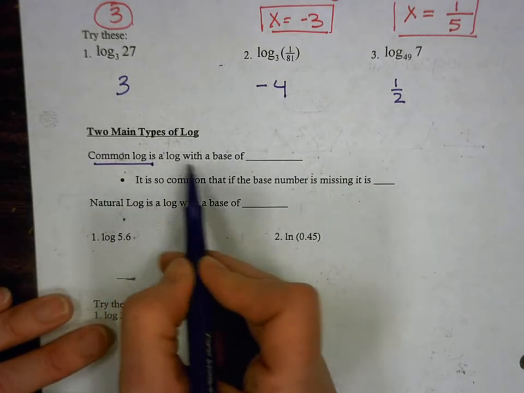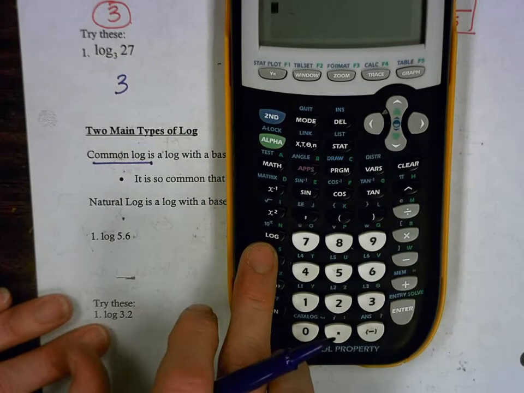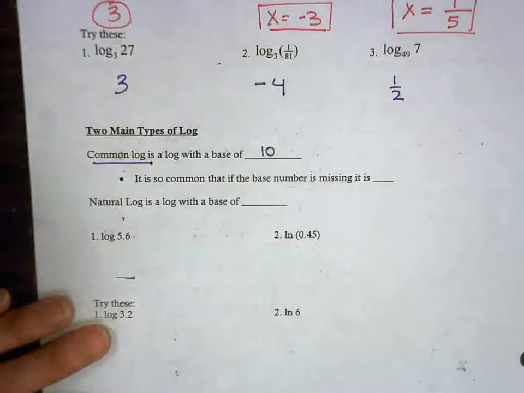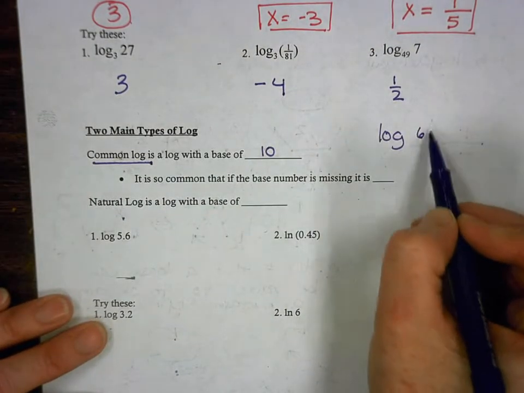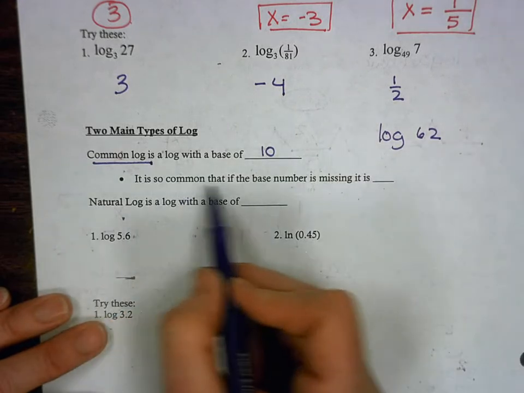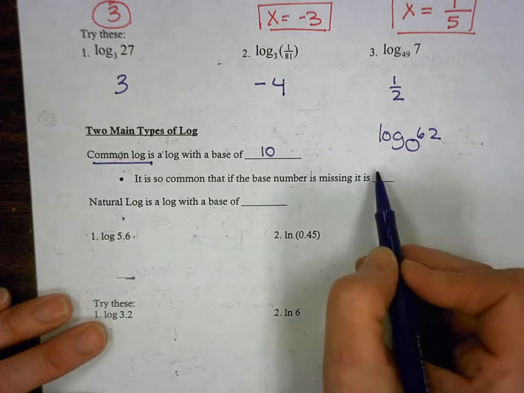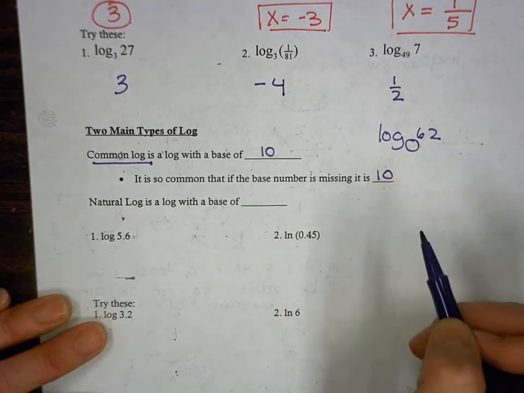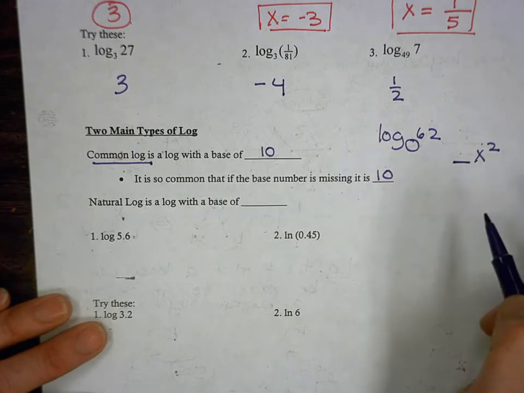Okay, 2 types of logs. We have a common log, which is a log with a base of 10. And it's so common, it's on your calculator right here next to the 7. If you see a question that says, what is the log of 62? It's so common that if the base number is missing, and it is missing here, then it is 10.